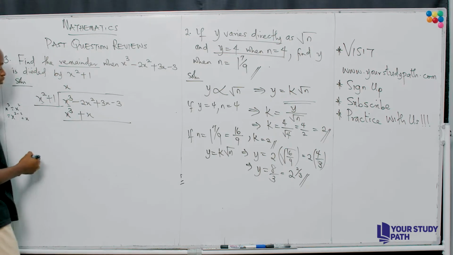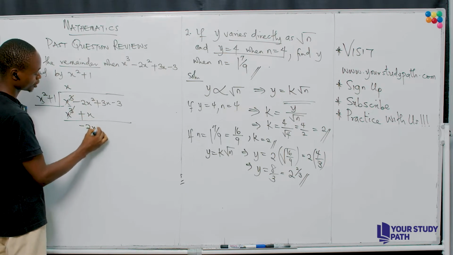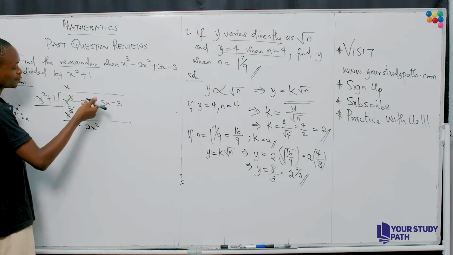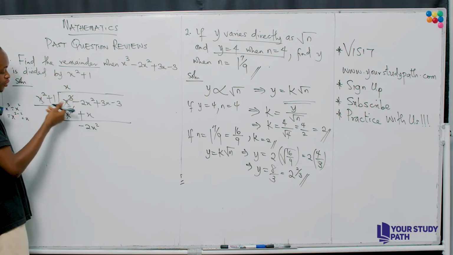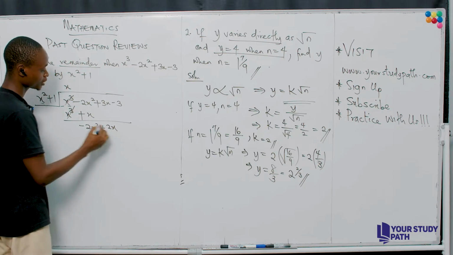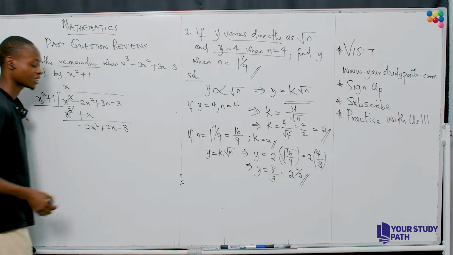Now when you subtract, what do you notice? This will cancel out, which is the goal in the first place. Minus 2x squared will return because it's like saying plus 0x squared here, so it's still going to return. Then you have plus 3x minus x, you'll be left with plus 2x. Then minus 3 minus 0, you still have minus 3. Does that make sense?